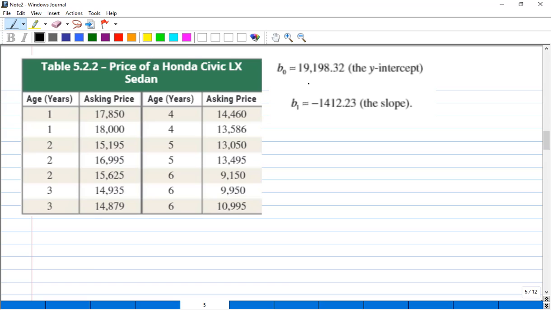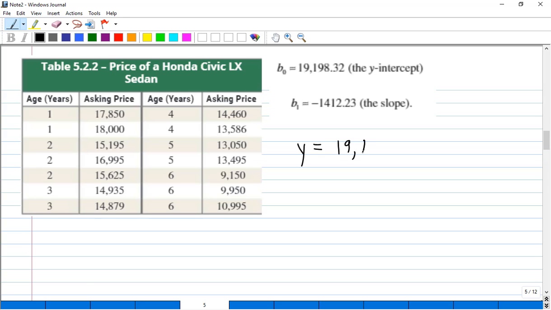But if you did crunch the numbers, you could figure out that your b sub 0, or the y-intercept, is this number, and your b sub 1 is this number. Now, this is going to be what? y equals, what do I write first? b sub 0.